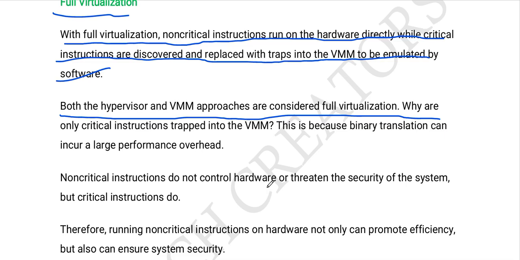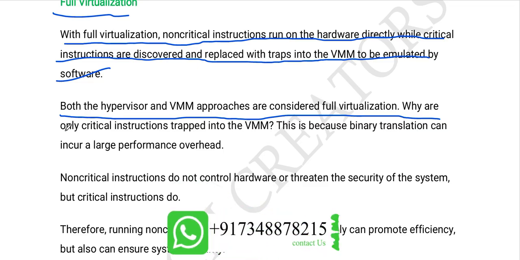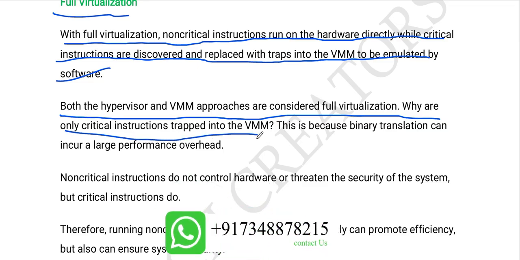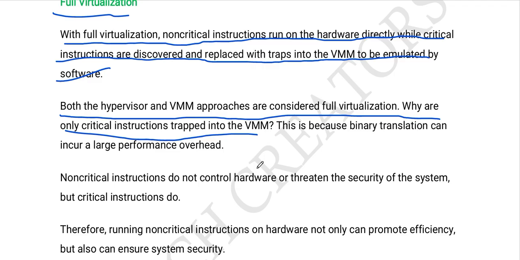Why are only critical instructions trapped into the VMM? This is because binary translation can incur large performance overhead.